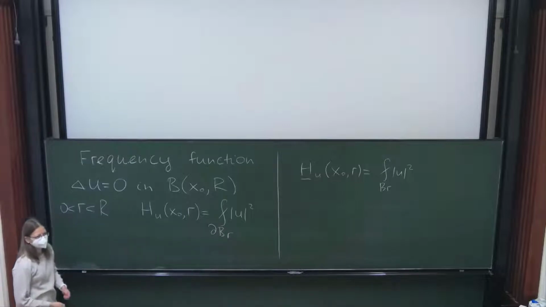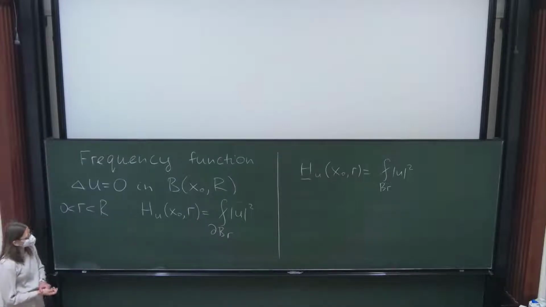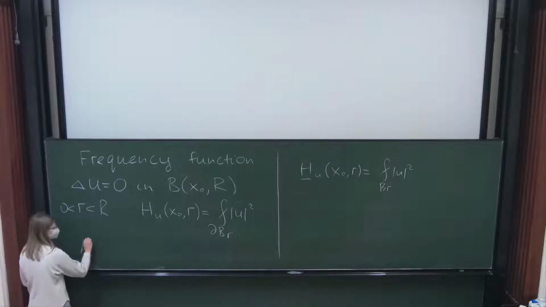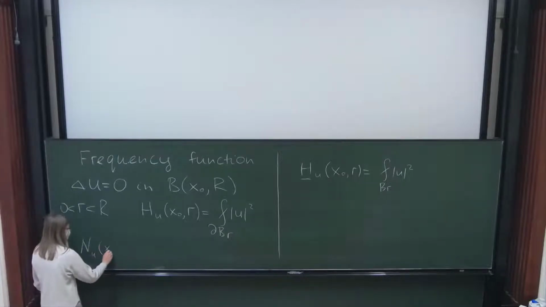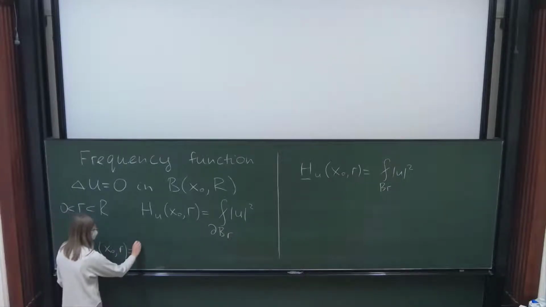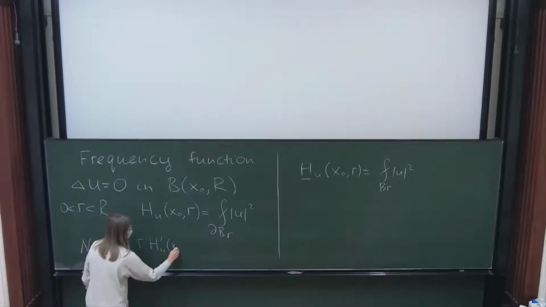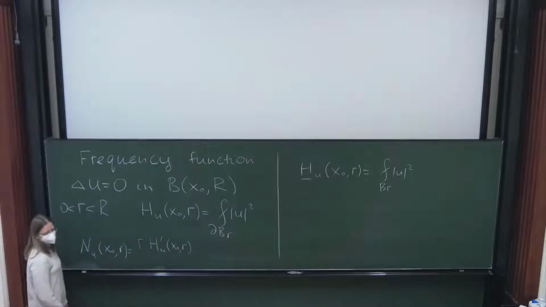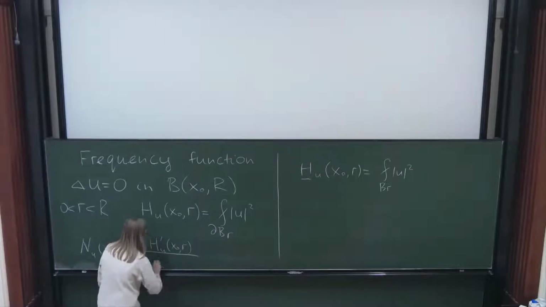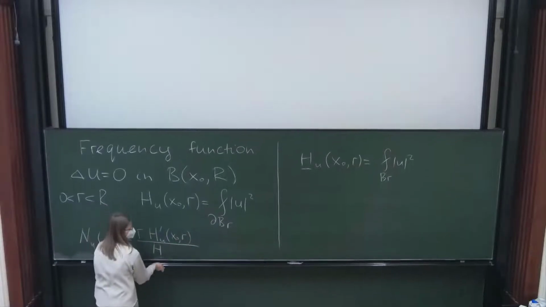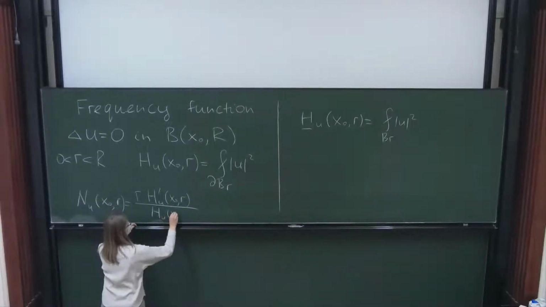And for both these functions, we're going to do the following construction. We will take the logarithmic derivative of this function H and then multiply by r. So the frequency is r times the derivative in r of the average, divided by the average.